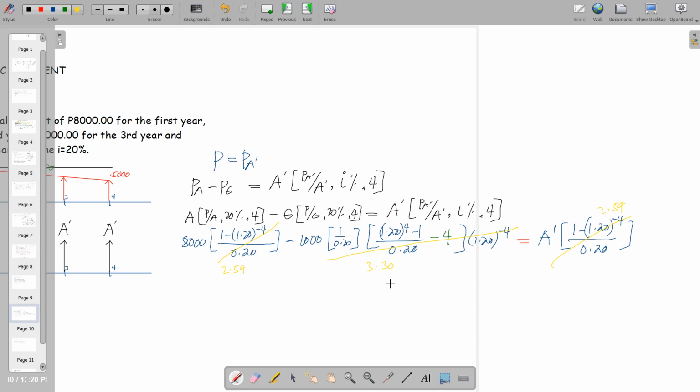Okay, so by manipulation and solving for A prime, we have 6,725.87. So this is for our gradient problems. So perhaps you can now practice and explore the problems, and thank you for listening.